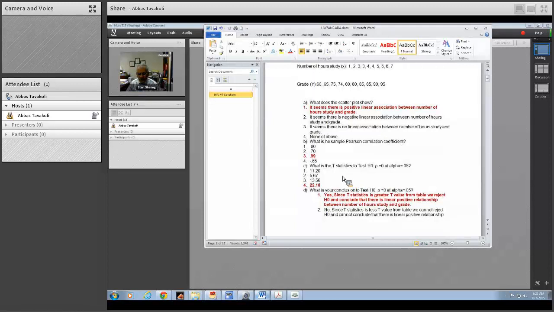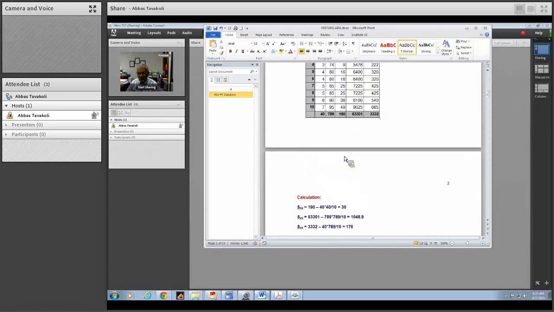The other question was, what is the T statistic for testing if the population correlation equals 0 at alpha 0.05?